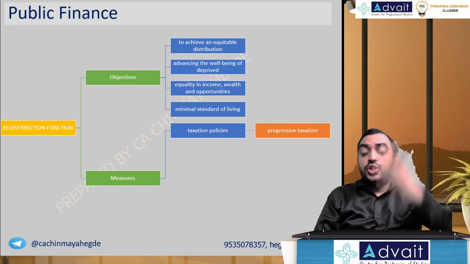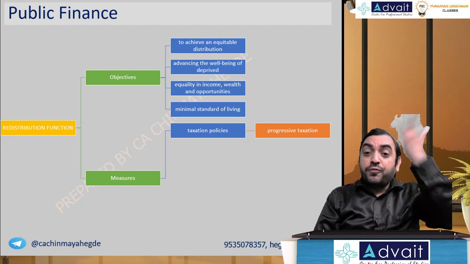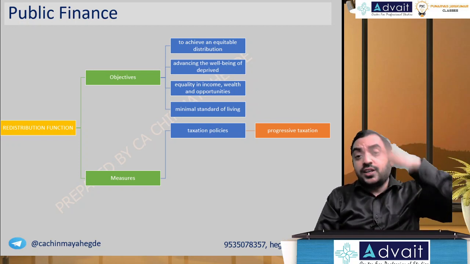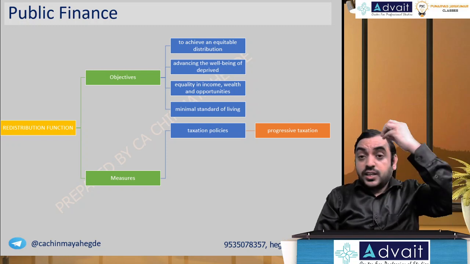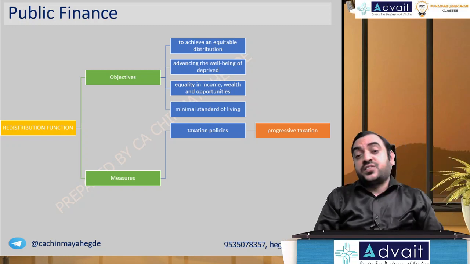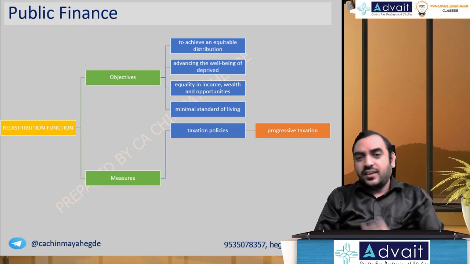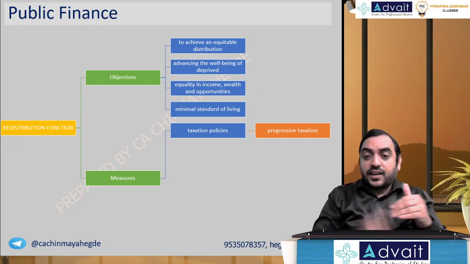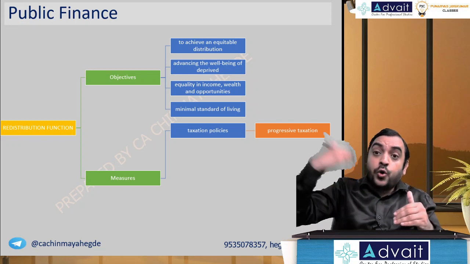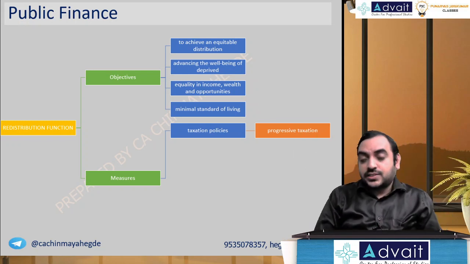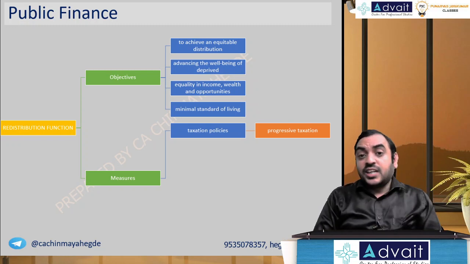Above 10 lakh, you pay 30%. Above 40 lakh, you pay education cess, you pay surcharge. Even the effective tax rate goes to 40%, 42%. So the higher income you get, you pay progressive tax. As you keep making more money, you start paying more tax. Progressive tax. But in the indirect tax, that will not come.